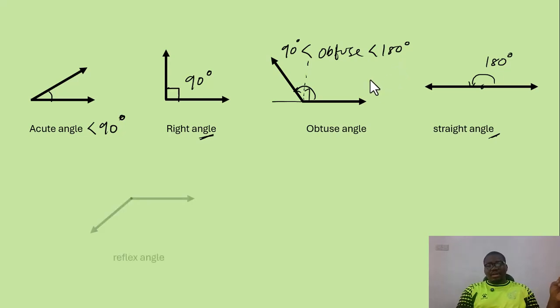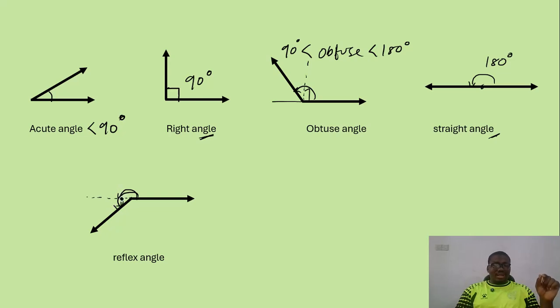Then we have another type of angle that we call the reflex angle. The reflex angle is greater than the straight line angle. So at the beginning we have this. So this will be the straight line angle, 180. But reflex is greater than 180 degrees.